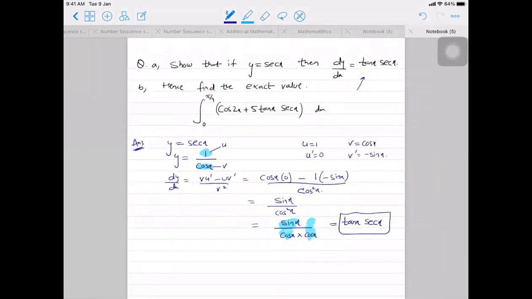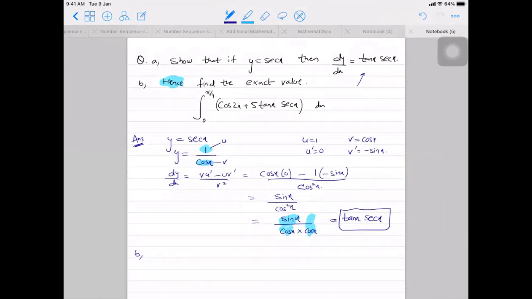Okay. Now, for the second part, they want you to find the exact value of this integration, and this is one of the command words that CIE uses. Hence means that the solution or the working of this part has something to do with the answer to the first part.